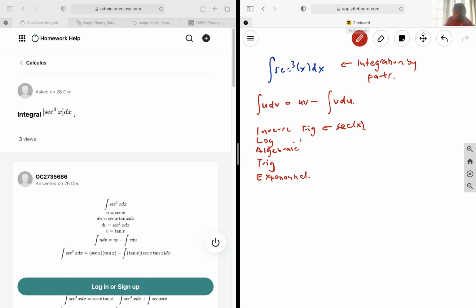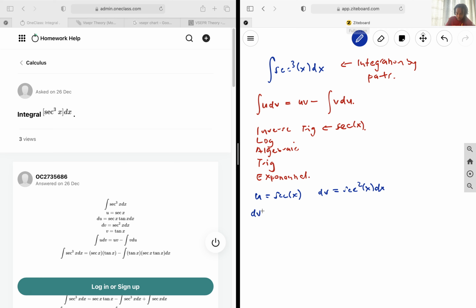And so we are going to state that u is equal to secant x, and dv is going to be equal to secant squared x dx.